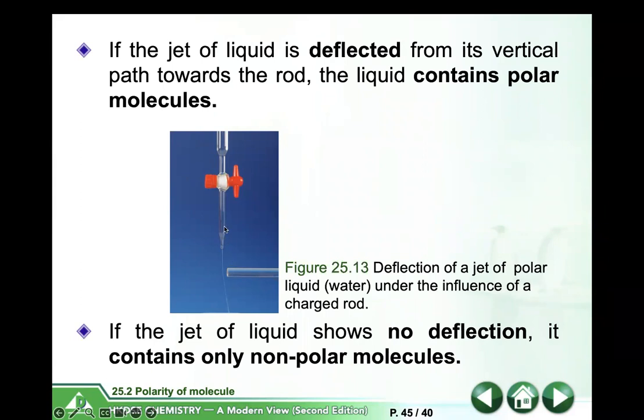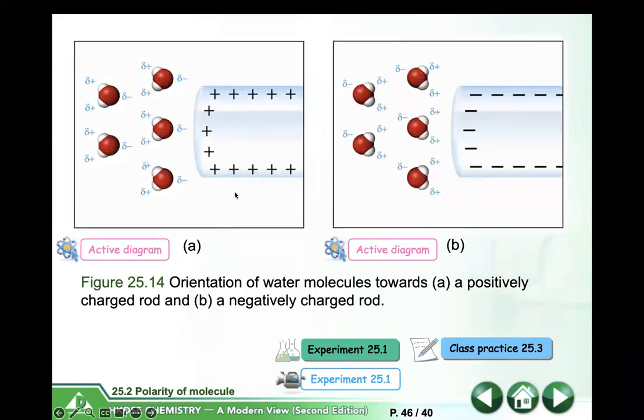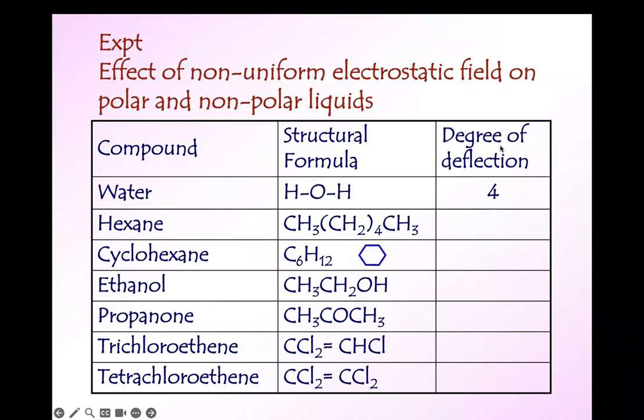But one point we have to think about: whether it is positive charge or negative charge, it just attracts towards the charged rod. No matter positive or negative, it will not repel the jet of liquid. Why? Just because the molecules are free to move. The delta negative can go to the positive side, and the delta positive can go to the negative side as well.